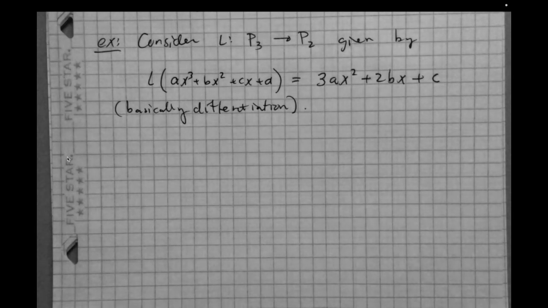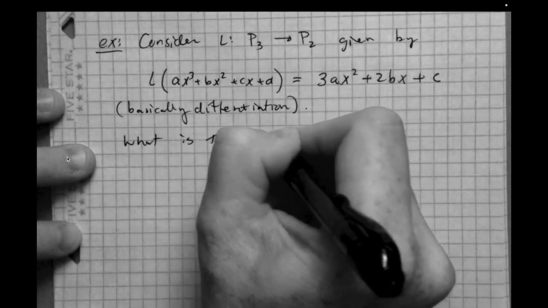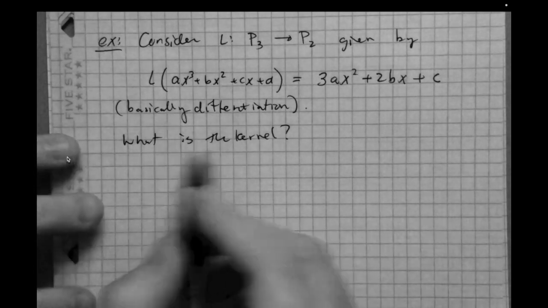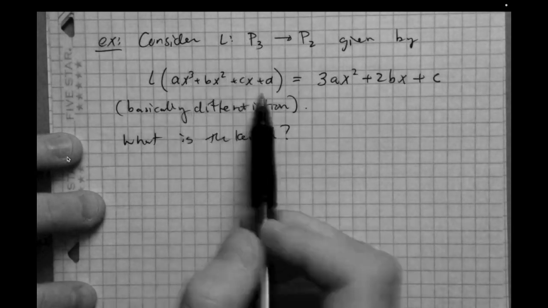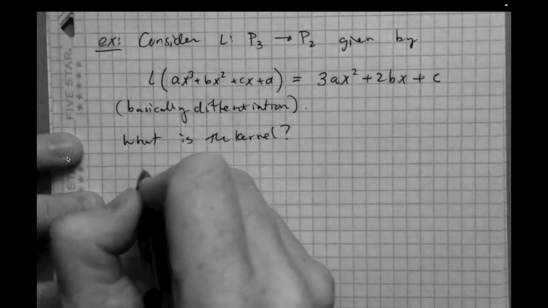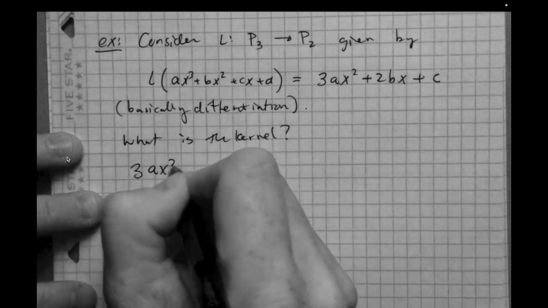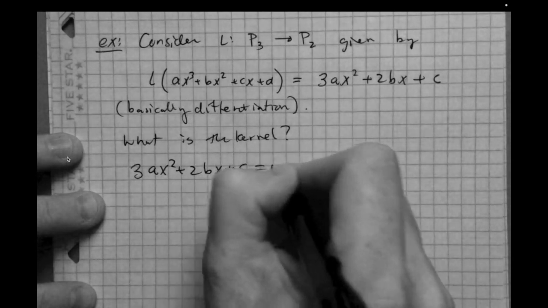And so what's the kernel here? Well, we have to think about what kind of vectors in P3 would map to 0. So basically we have to think about 3ax squared plus 2bx plus c equaling 0.